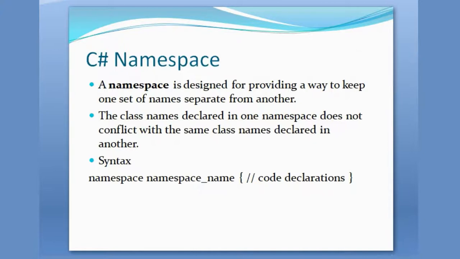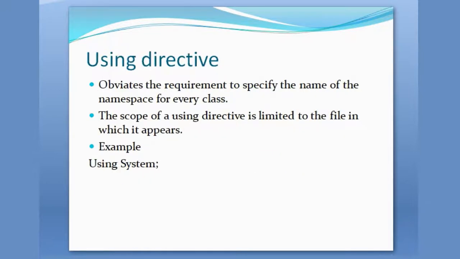Next we move on to the namespace. What is a namespace? It is basically used to group related classes. It is used for categorizing classes so that they are easy to access, and its syntax is given below: namespace name.